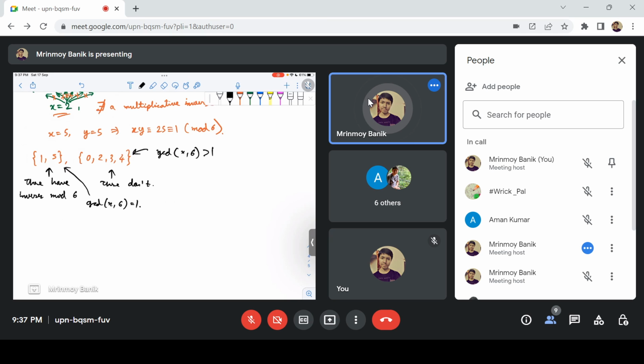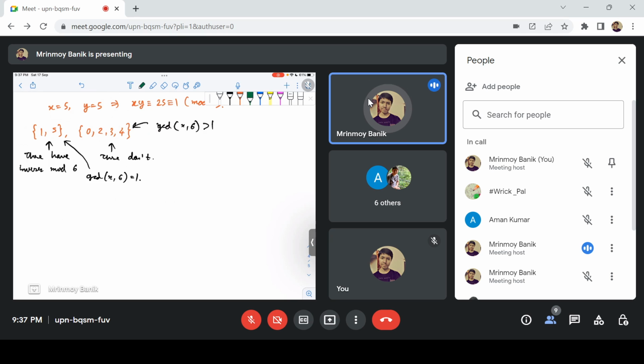So why is this? Is it always true that whenever a number is not co-prime to n, then it doesn't have a multiplicative inverse mod 6 or mod n? So let's prove this claim.